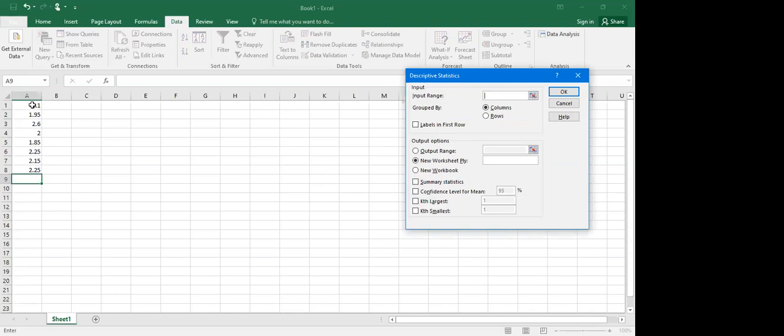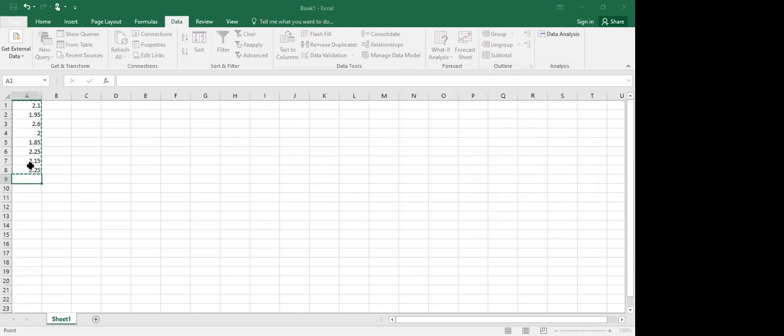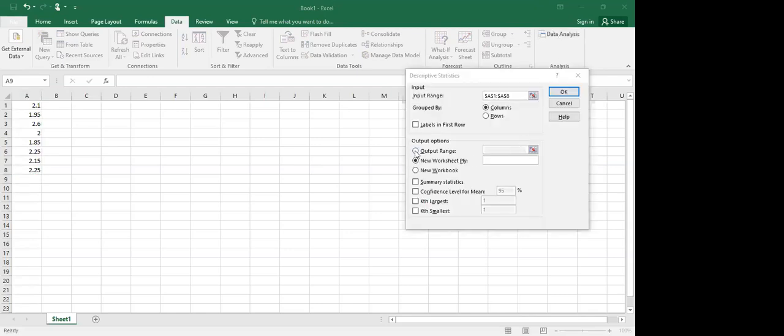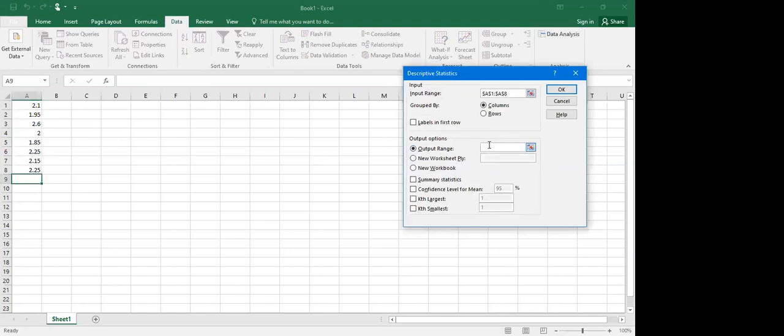Then you will highlight the data in column A. On the output range, you can just click anywhere you may want your result to come out. Then choose summary statistics, and then you click OK.